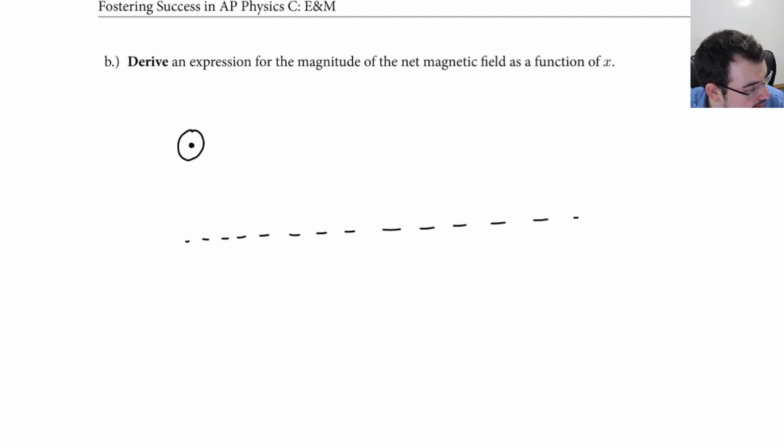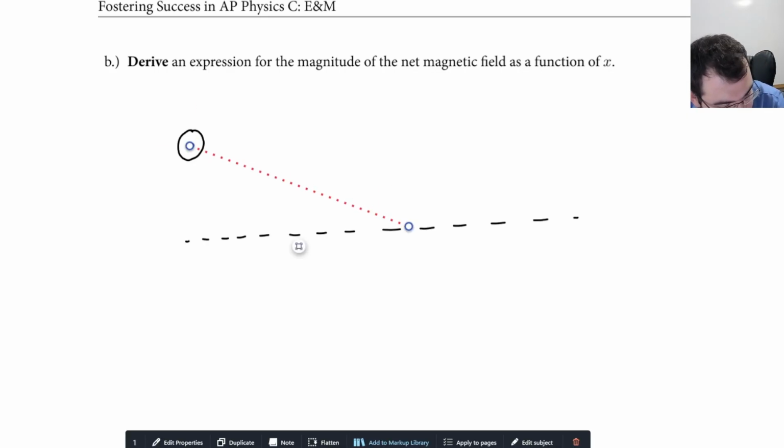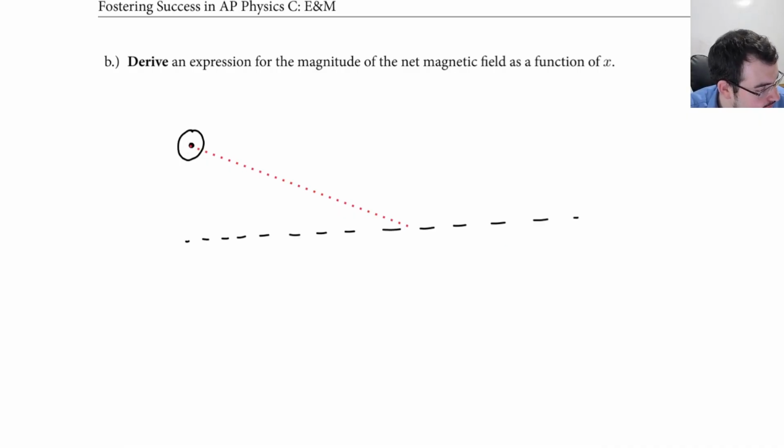So I'm going to draw one wire, and I'll draw my sort of radius vector there. And we also know that the magnetic field from this wire looks like this. Okay. And this is a right angle, which comes into play later.